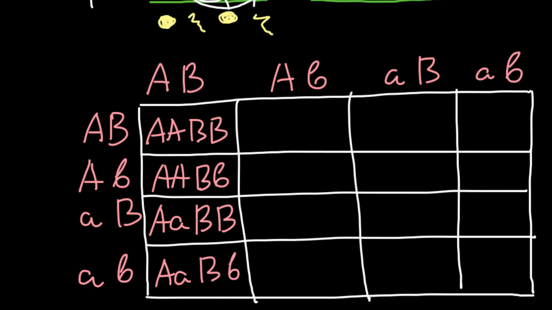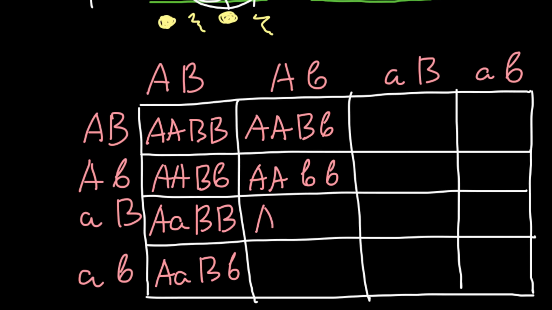Next capital A, capital B, small b, capital A, small b, capital A, small a, capital B, small b, and capital A, small a, small b, small b.